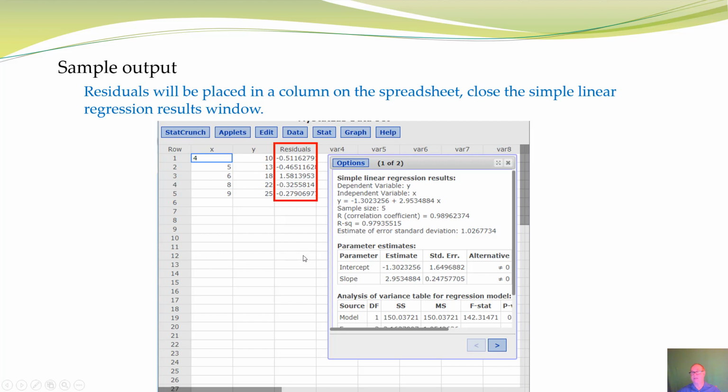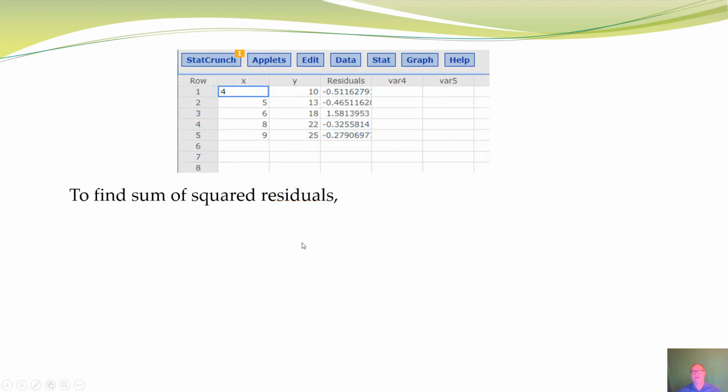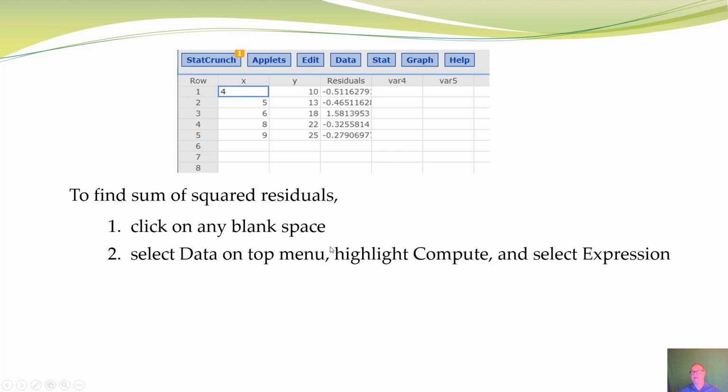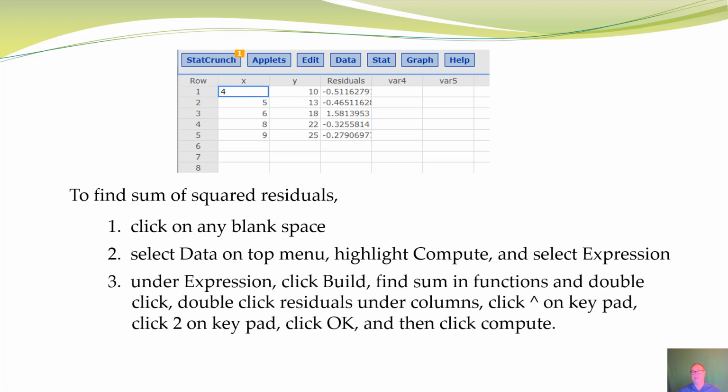Now, next, to find the sum of the squared residuals, first click on any blank space in the spreadsheet. Select Data on the top menu, highlight Compute, and select Expression. Under Expression, click Build, find Sum under Functions, and double-click Residuals under Columns.